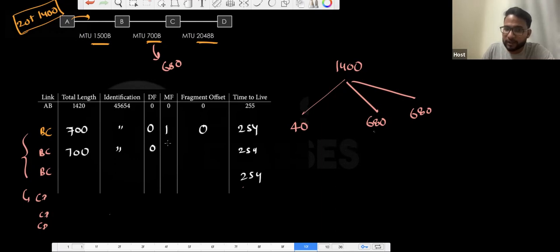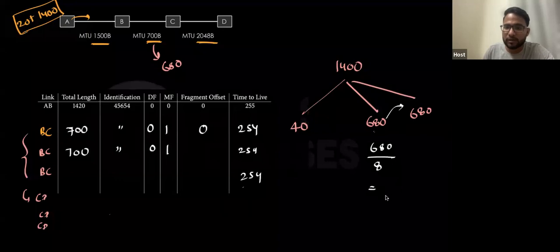Identification is same. DF is same. More fragments, yes. What is the fragment offset here? How many bytes is it following? It is following 680 bytes, but divided by 8. So what is this number? It should be 85.